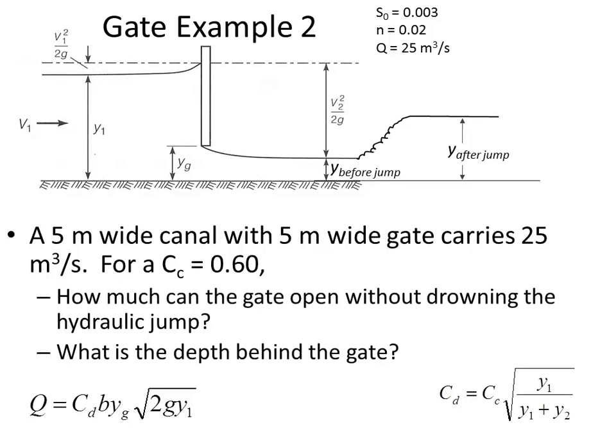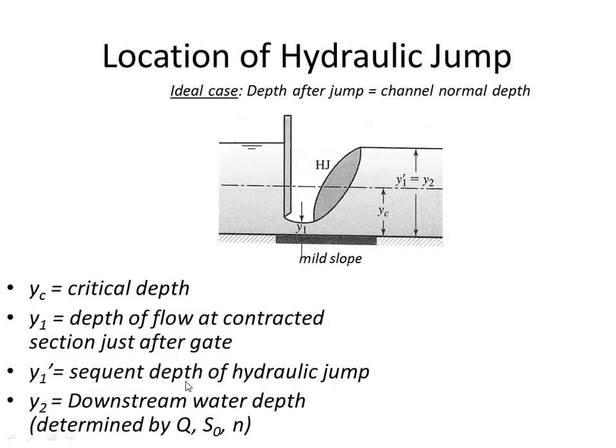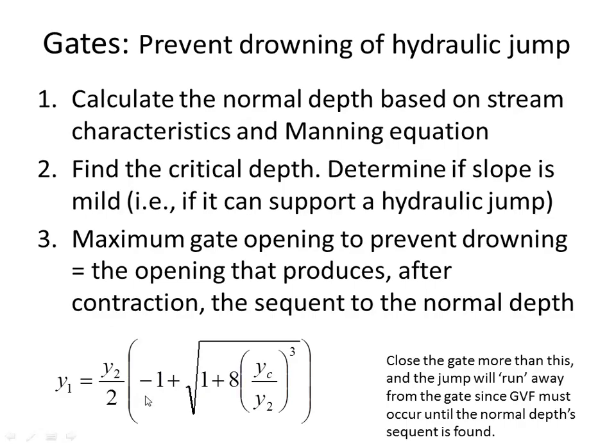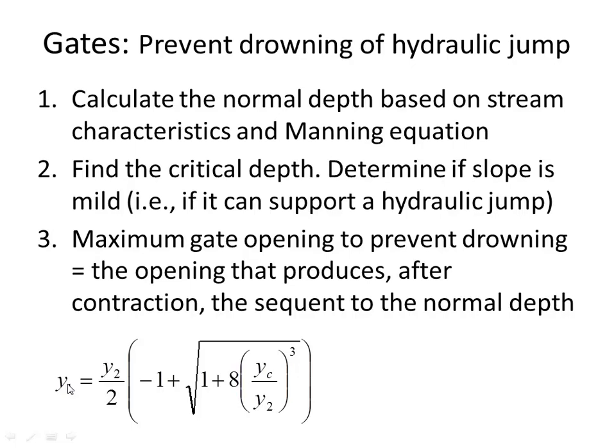And then the maximum gate opening we calculate by setting the depth at 1 before the jump equal to the hydraulic jump equation we had here. We're setting the y2 equal to the normal depth and then solving for y1.